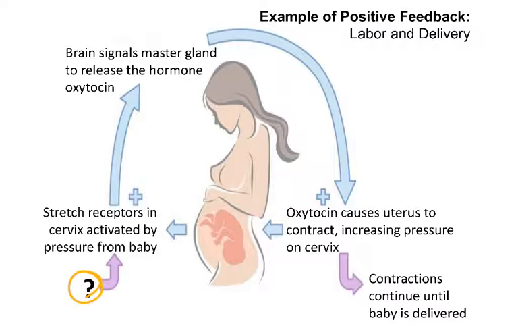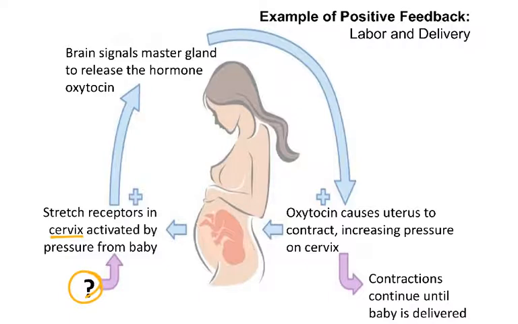Once that process begins, the baby's head moves down and engages with a part of the female reproductive system that sits between the uterus and the vagina. It's a narrowing called the cervix. Within the cervix, there are stretch receptors.